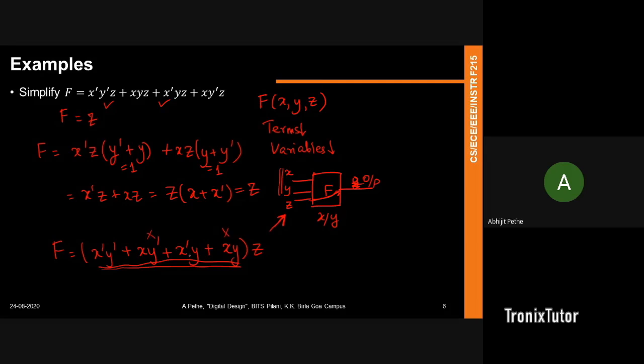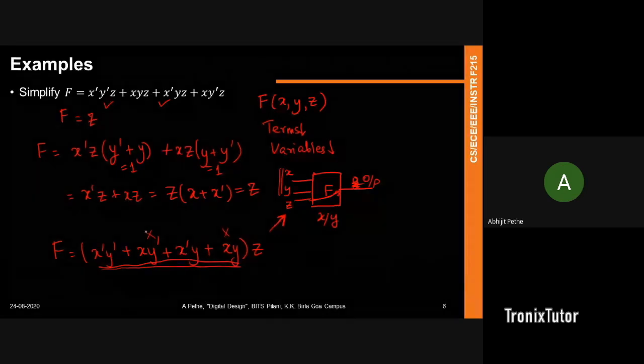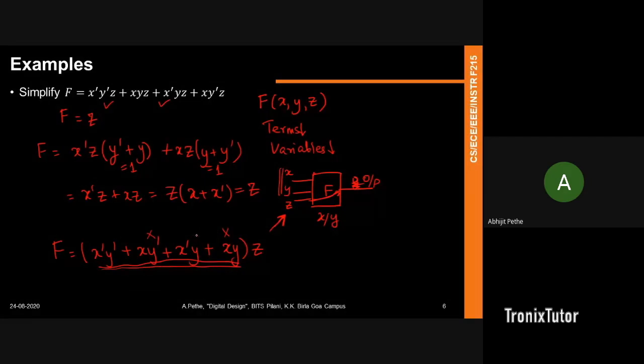And these two terms remain, and these two terms will always add up to 1, because when x is 0, this becomes a 1, this is y prime, y plus y prime stays 1, so this term becomes a 1. Similarly, you see that when y is 0, these terms don't drop. So what you'll see is that this sum is always 1, for any combination of x and y. And so basically what you get is f is z.